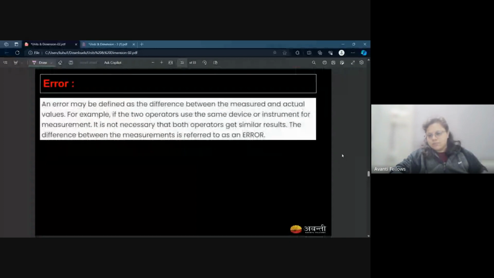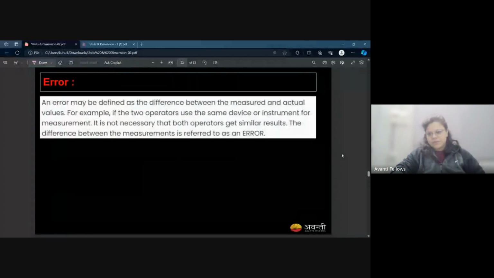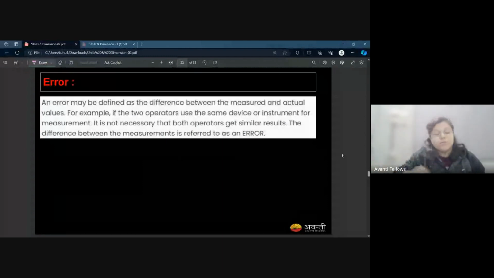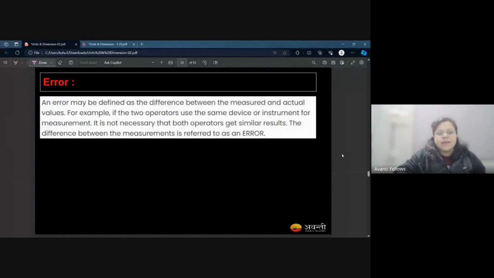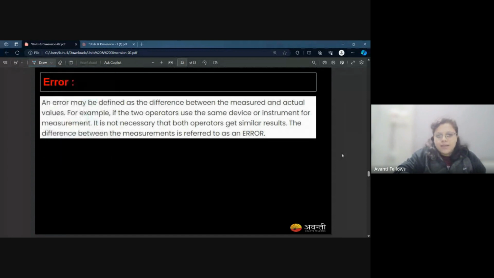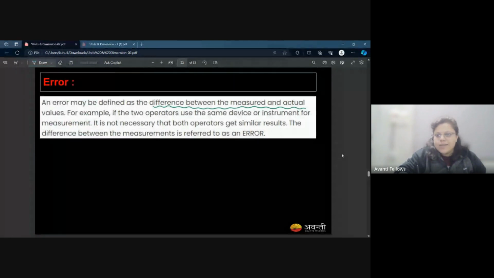Let's come to, okay, we have 10 minutes, we can cover this topic. Error. Error is something that is a human tendency also. It could depend on a lot of unknown factors also. And sometimes it can be a measurable parameter for us, right? So they defined error as the difference between the measured and the actual value. Okay?